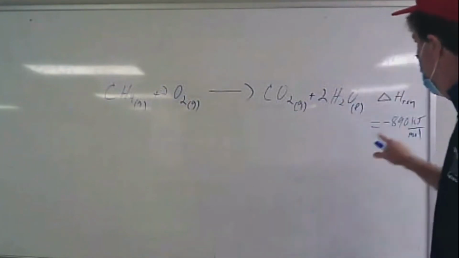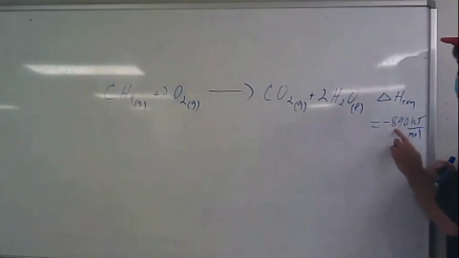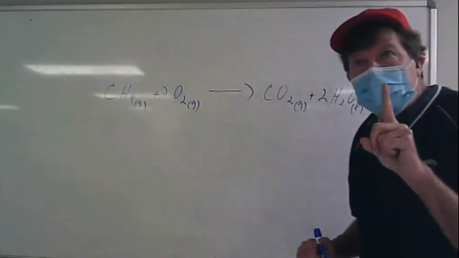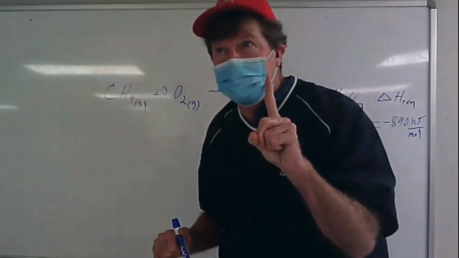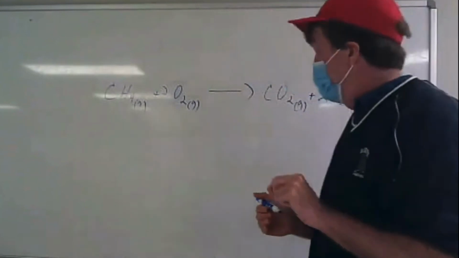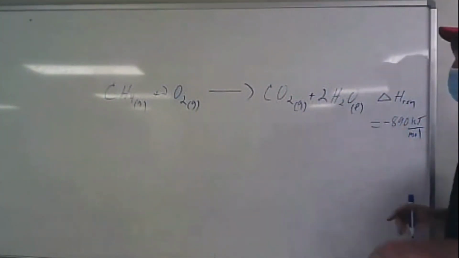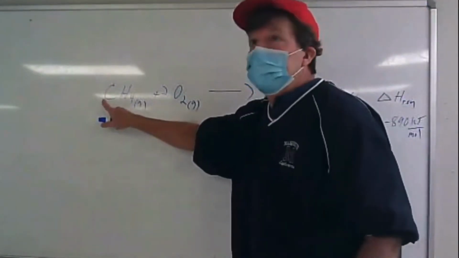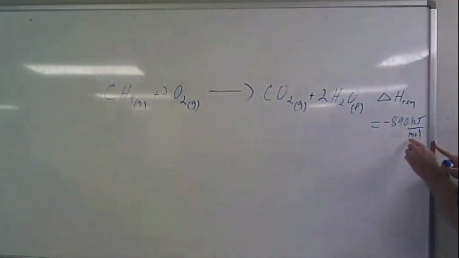We're going to read this enthalpy change as negative 890 kJs. Again, you guys realize negative means exothermic, right? Exiting, heat's exiting from the system into the surroundings, okay? But we're going to read this as, for every 1 mole of this that's consumed, you would get negative 890 kJs released. That makes sense, right?